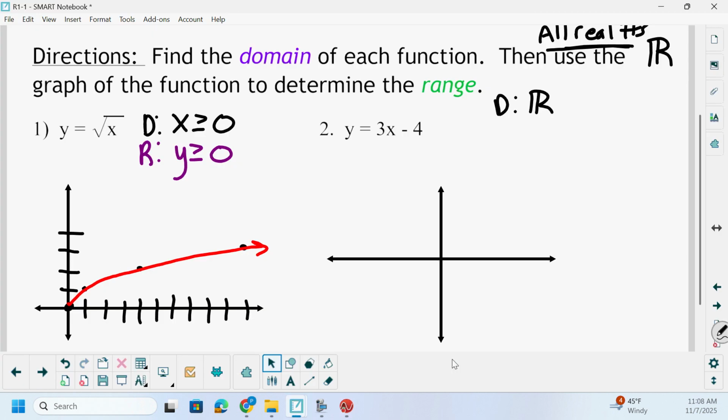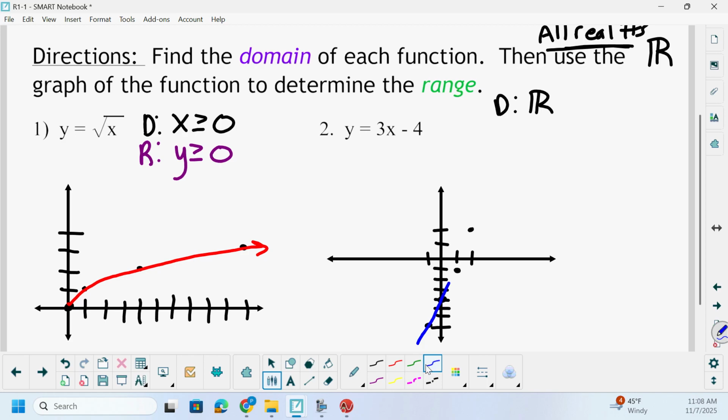If you plotted other ones, that's okay too. So maybe I'll go one more. I think 2, 2 was a point on there as well.